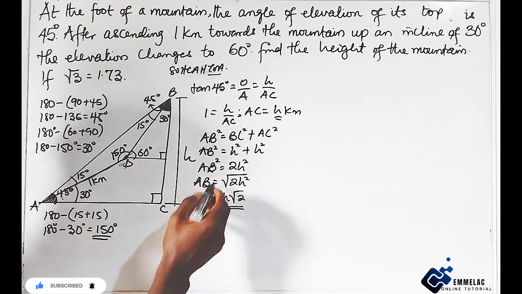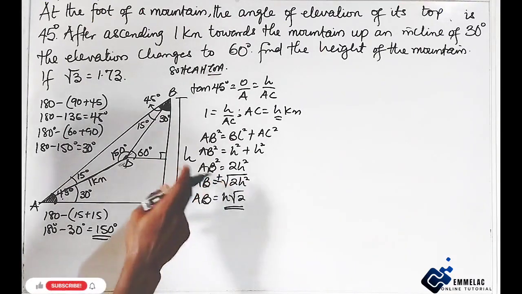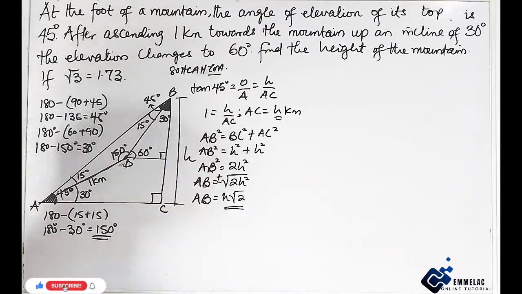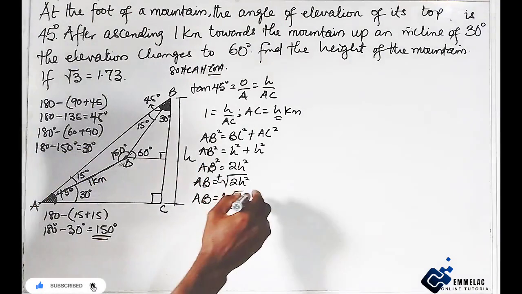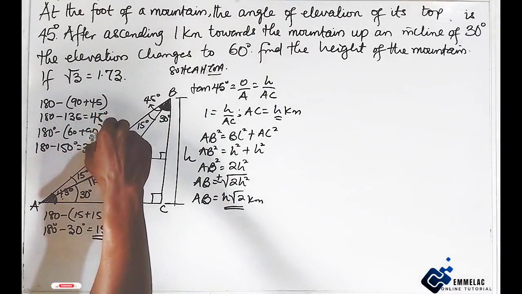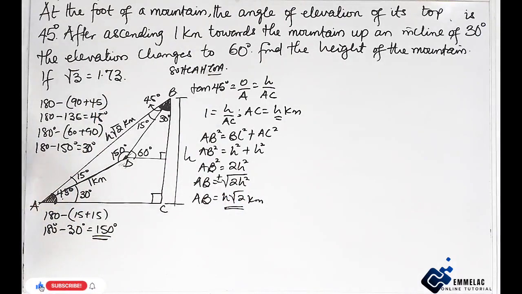Now take note, it's meant to be plus or minus, but we know distance shouldn't have a negative value, so we just consider only the positive value. So it is h root 2 kilometers. Now let us bring out the triangle.